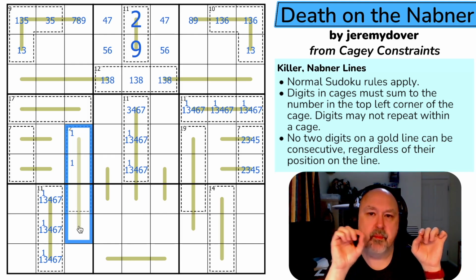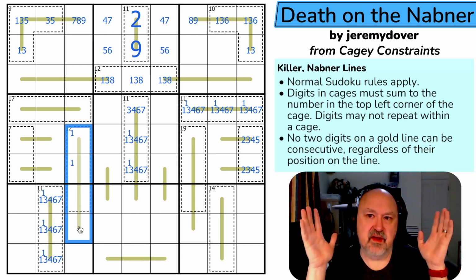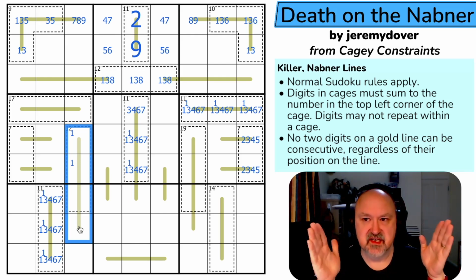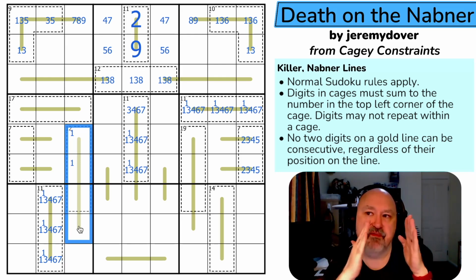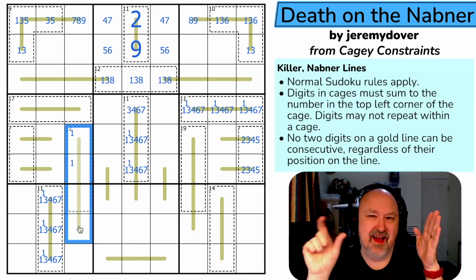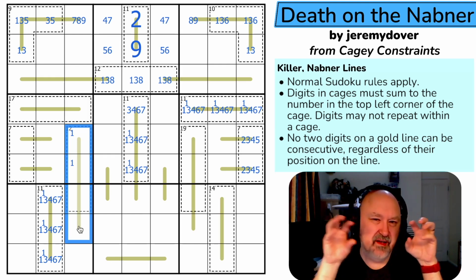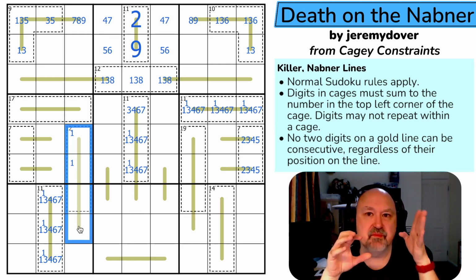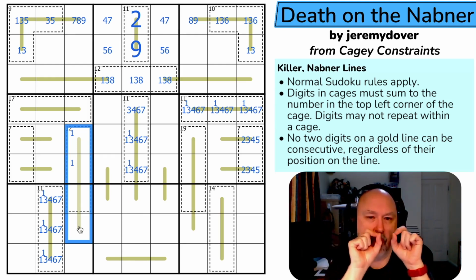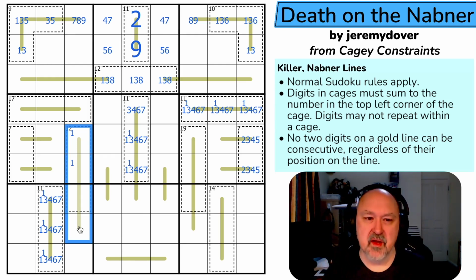Because once you drop out the 1 and the 3, you've then constricted the other 3 cells down to only 6 digits. So what you're going to force yourself to be like 4, 6, and then you've got 8 or 9 at the end. You've got a little bit of freedom, but not a lot. And if you jump to 5, then it's literally 5, 7, 9. So somewhere in the middle, you've got like 1 cell of wiggle room.